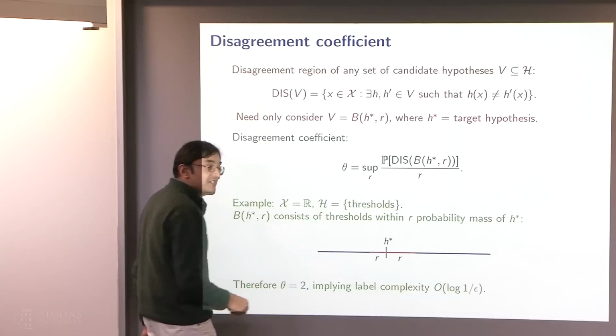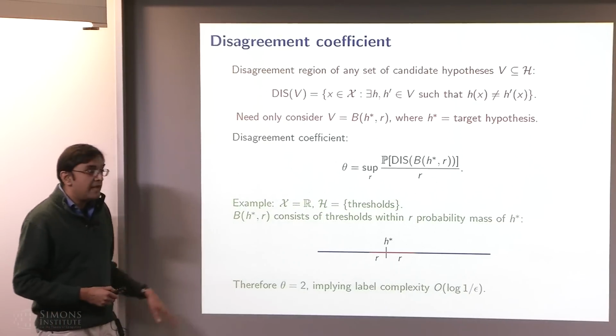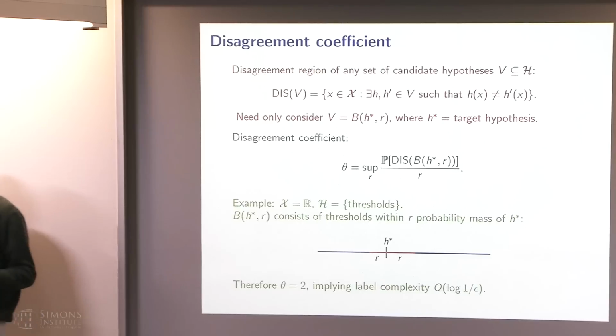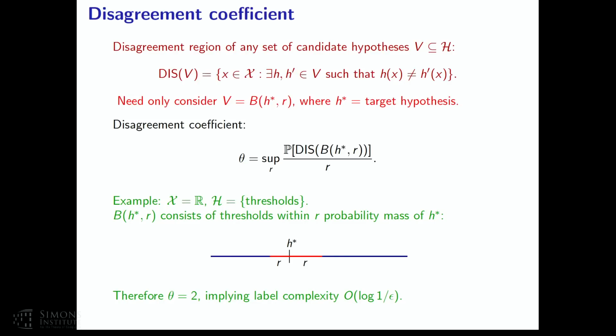It has probability mass 2r. You divide it by r, and so the disagreement coefficient for thresholds is just 2, which means that when you run that procedure on data on the line with thresholds, the label complexity bound is just 2 times log 1 over epsilon.